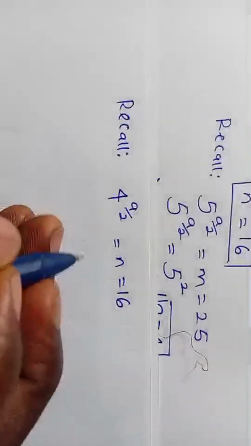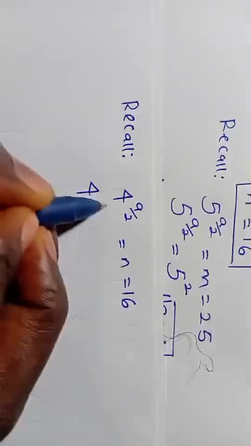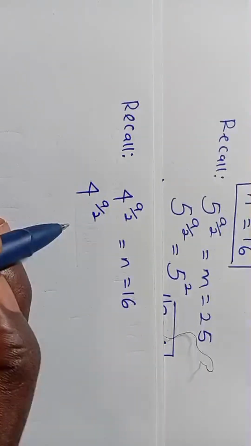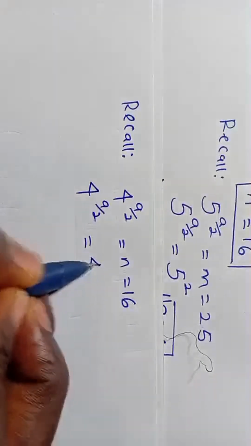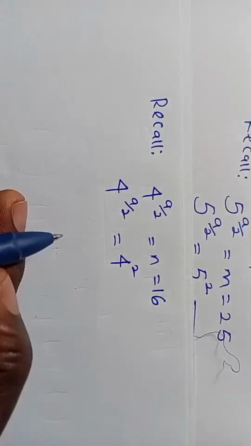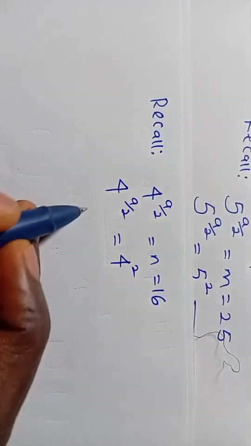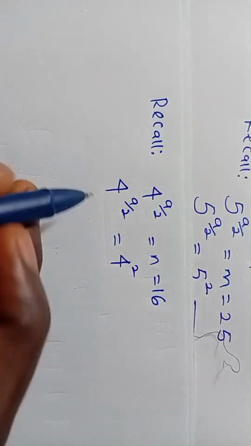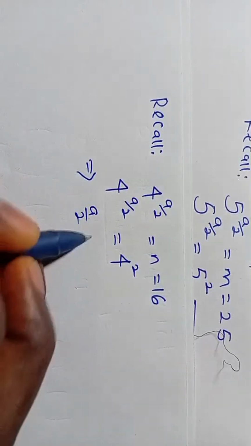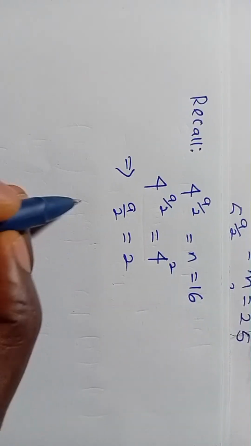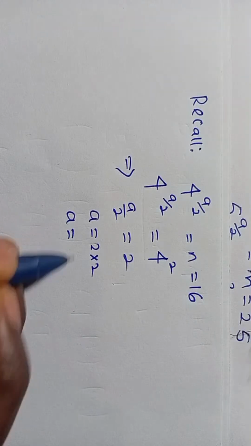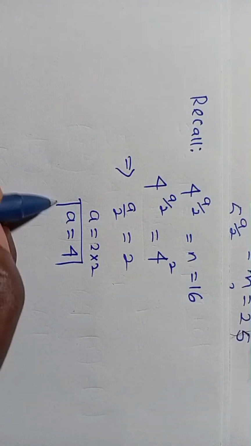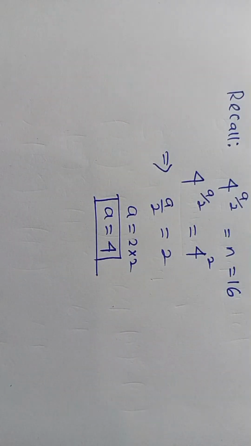So from here, we are going to have 4 to the power of a over 2 equals 4 to the power of 2. And so from here, we have to equate the power since the bases are the same. So we are going to have a over 2 equals 2. And so from here, we have a equals 2 times 2. So we have our a to be equal to 4 from here too.